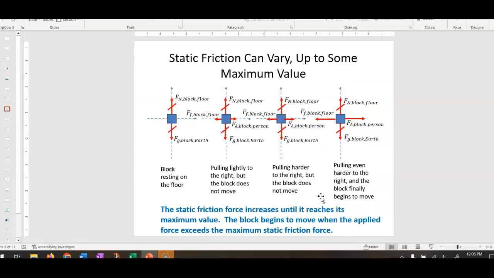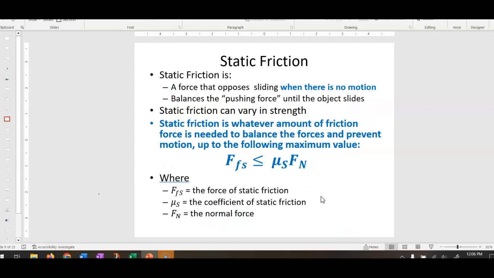Okay, so static friction is able to increase until it reaches some maximum value, and when the object begins to slide, then the applied force has exceeded the maximum static friction force.